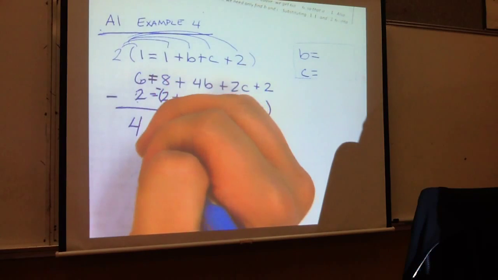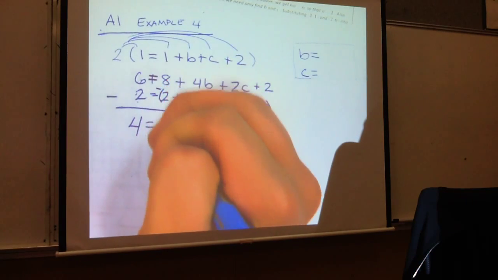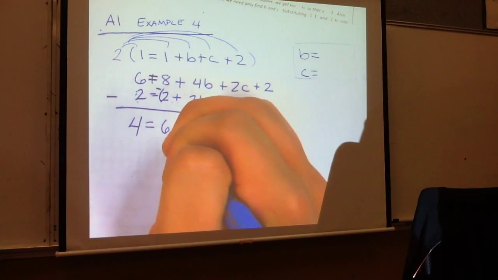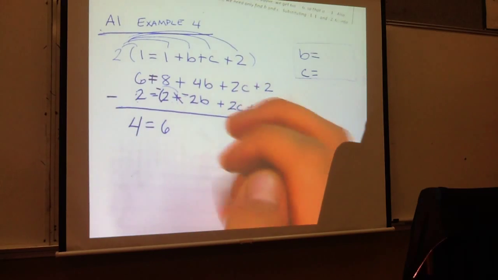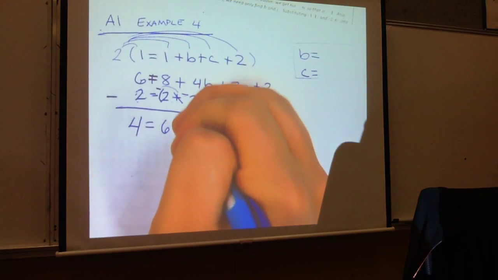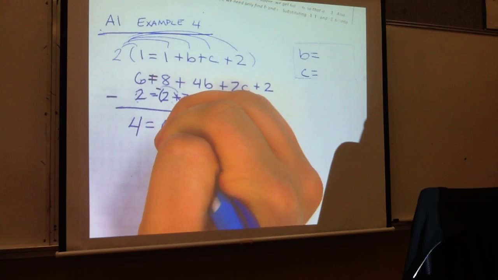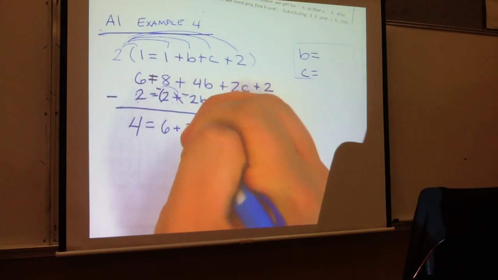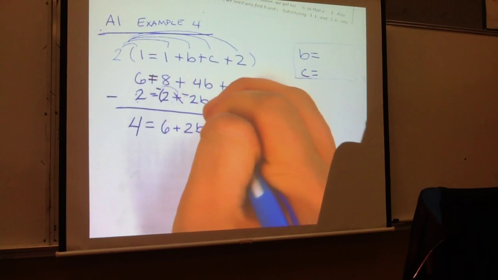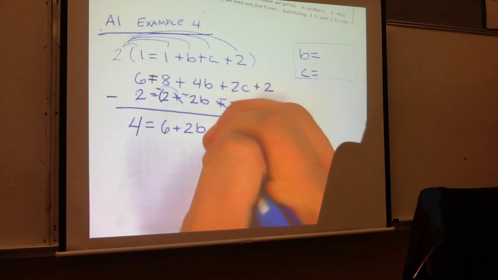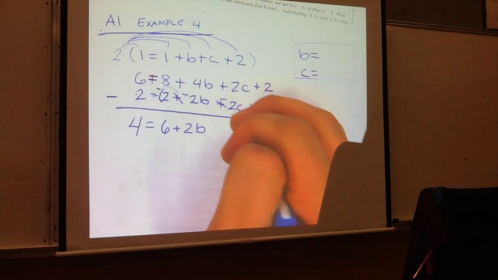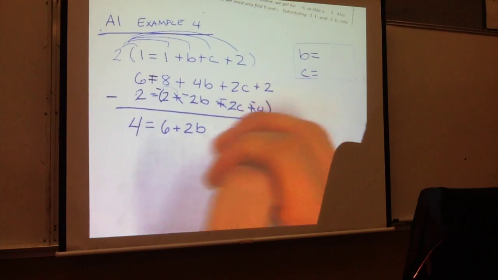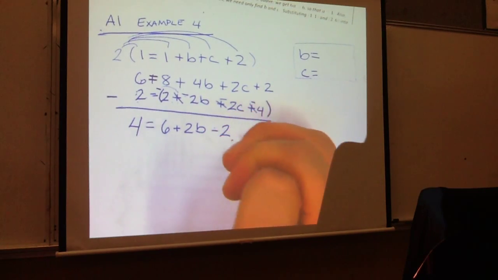And then we subtract 2b, right? Because the negative sign comes in here, so it's negative. So we have plus 2b. The c's cancel because this is a negative now, so we're left with nothing there. And then negative 2 minus 4 is negative 2.